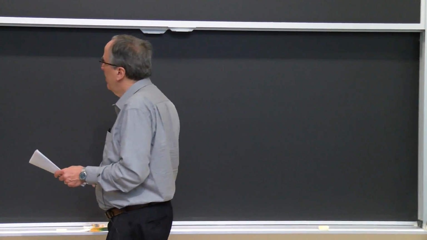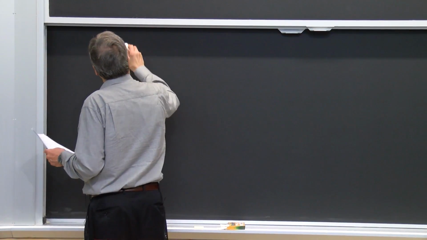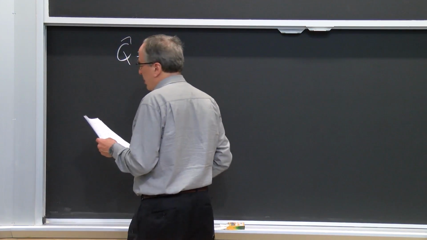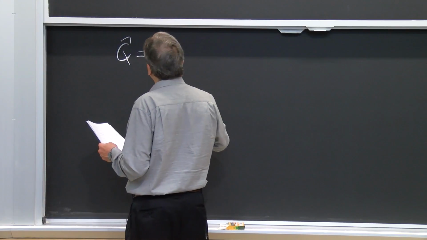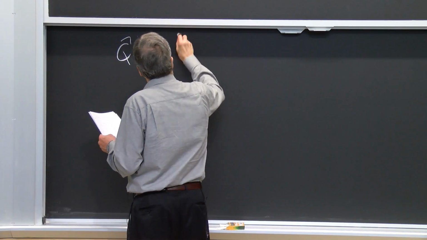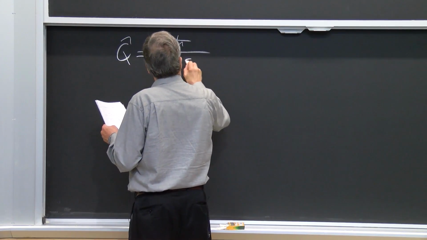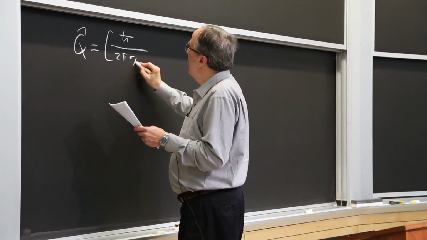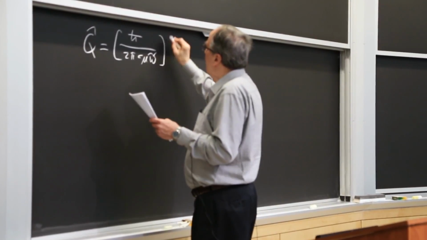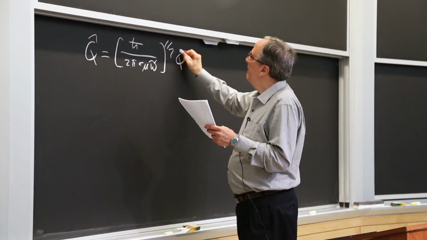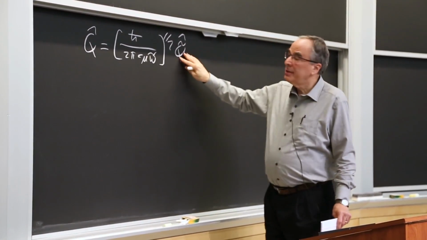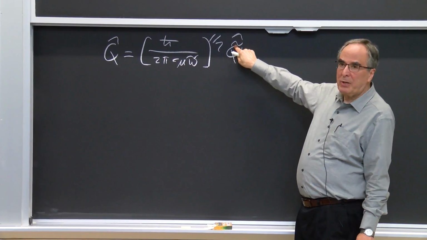So, well, we know what the operator Q is in terms of a dimensionless version of Q, and that's h bar over. Now, I'm going to be using this, okay, this is the dimensionless Q. That's what the twiddle means.